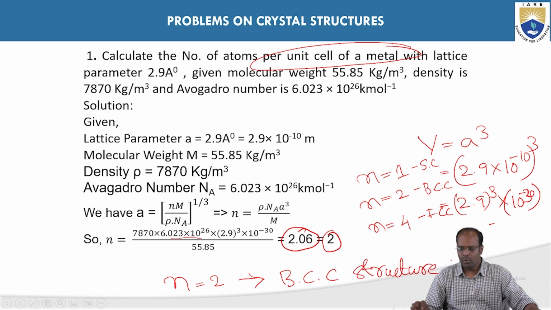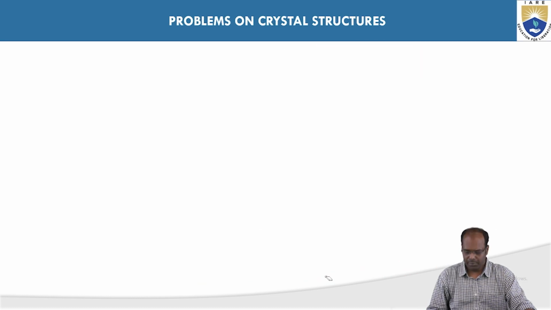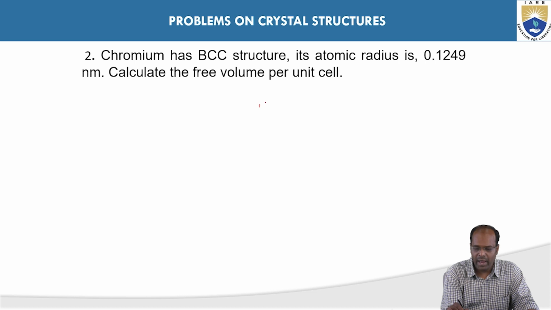Now we are going to the second problem. Chromium has a body centered cubic structure, where the number of atoms is equal to 2.